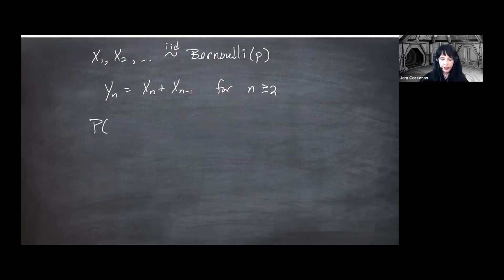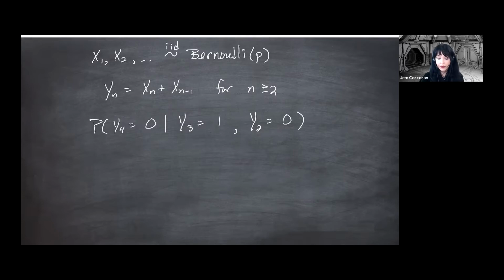So let me look at Y4 equaling some value, given Y3 equaling some value, and Y2 equaling some value. Let's just consider 0, 1, and 0.